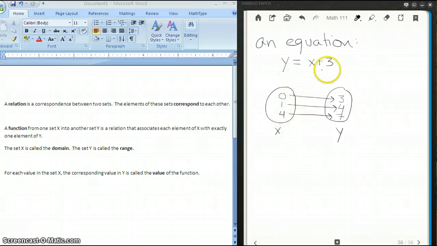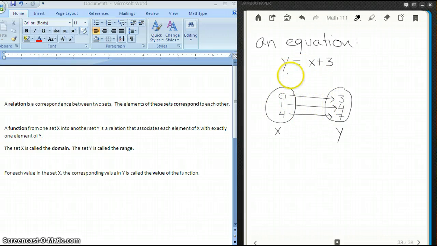But this equation has more than just these values. We could have used any value of x we wanted, and there would be a corresponding value of y to draw the arrow to in this bubble. I can't draw bubbles big enough to use all the values of x and get all the values of y. That's why it's not reasonable sometimes to use a mapping to show a relation.